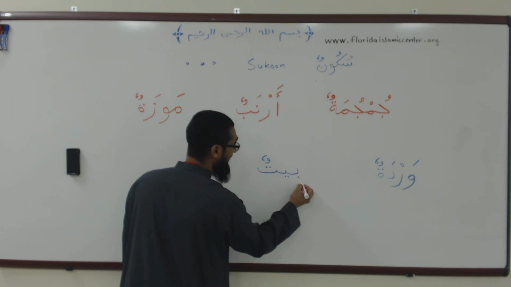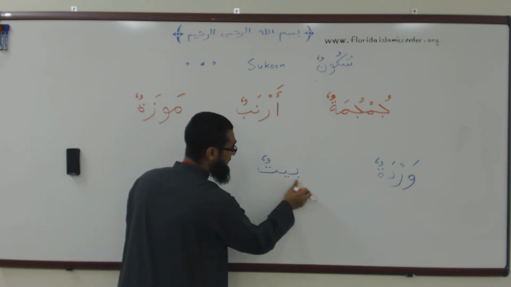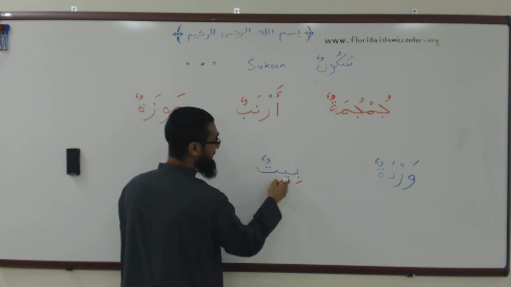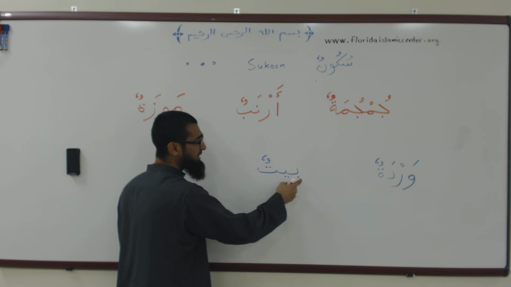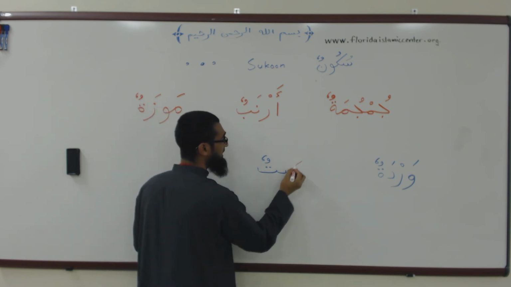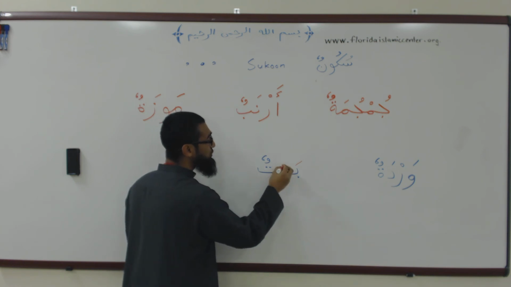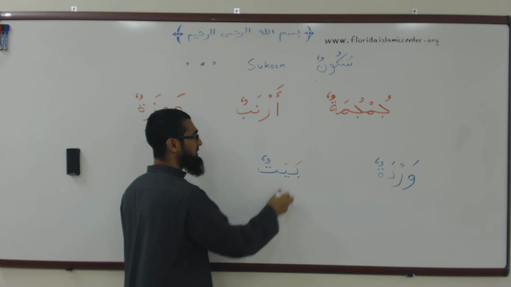If there was a kasra here, it would say bitun. If it was a kasra, and we don't see any vowel here, then we can say yes, this ya is elongating the ba. But if there is no kasra here and there's a fatha, this can only be a sukoon. It can only be baytun. It cannot be bitun.